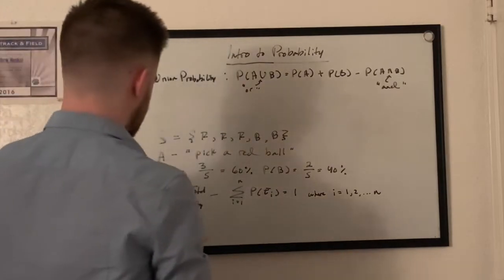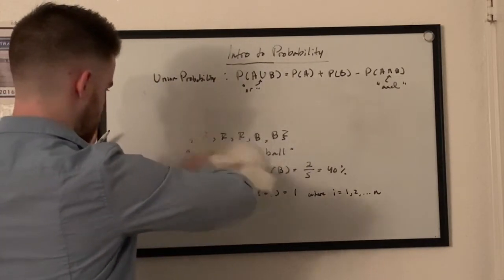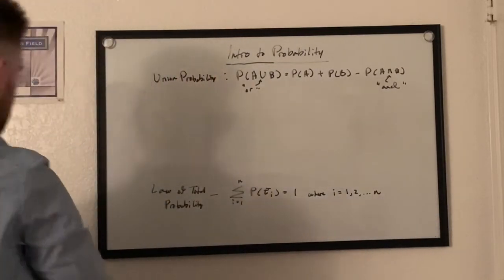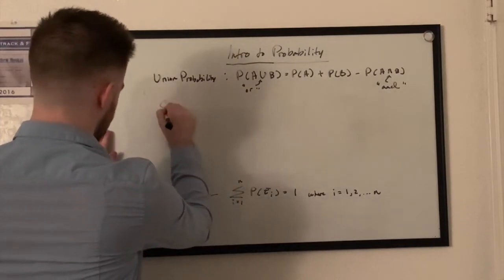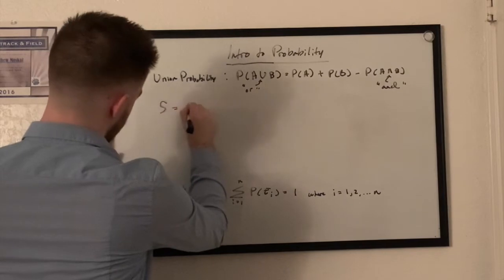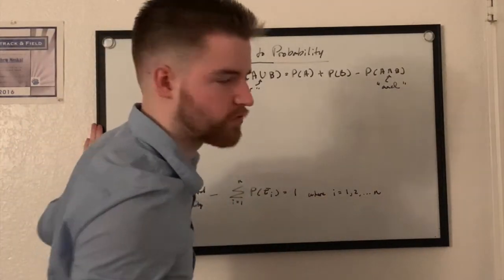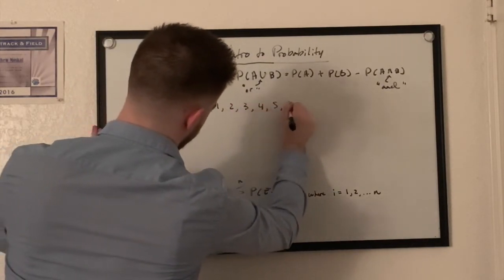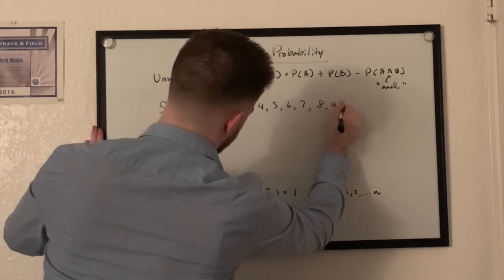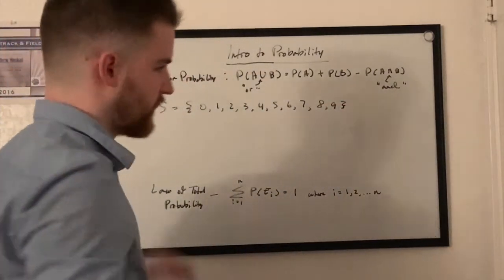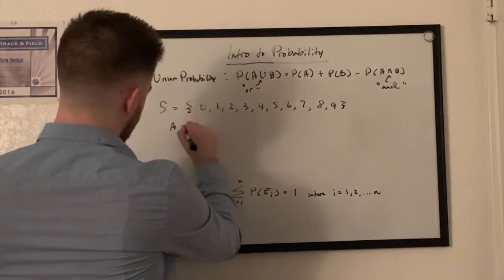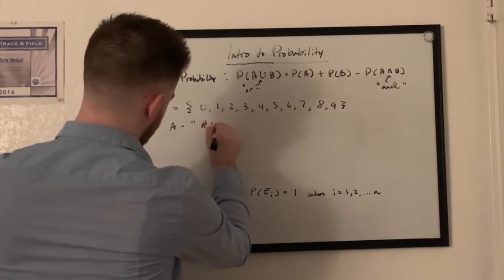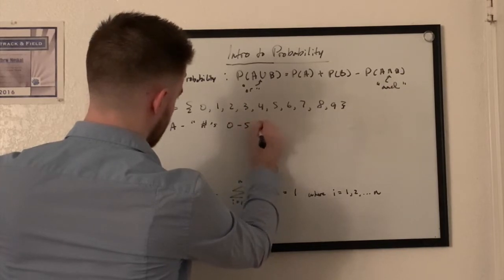Now I'm going to show you an example of why this makes sense once I get rid of this. So let's say we have a sample space, and it is the numbers 0 through 9. So we have 0, 1, 2, 3, 4, 5, 6, 7, 8, 9. Let's call event A numbers 0 through 5.